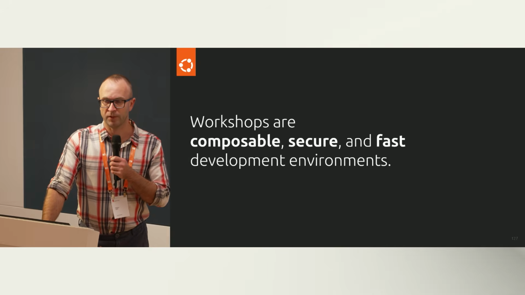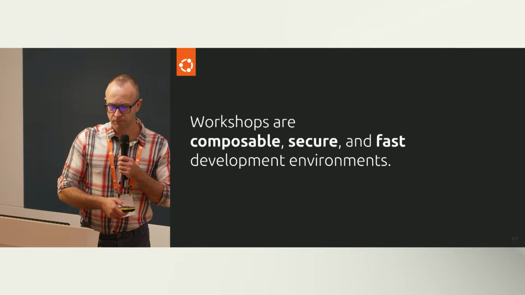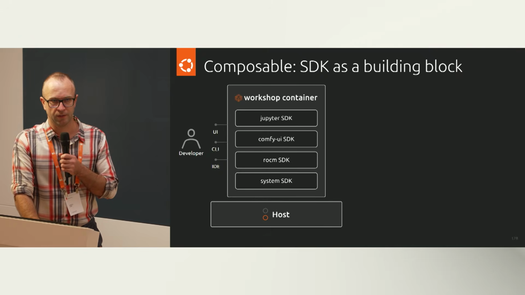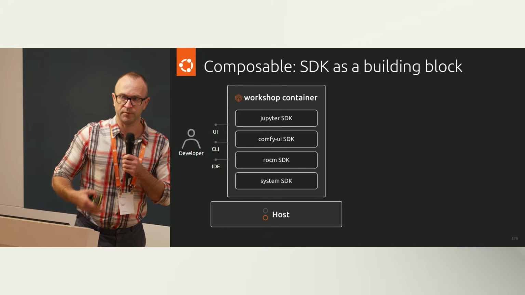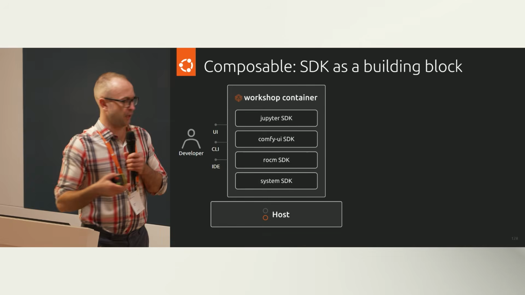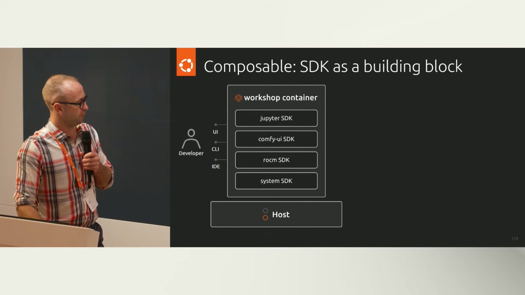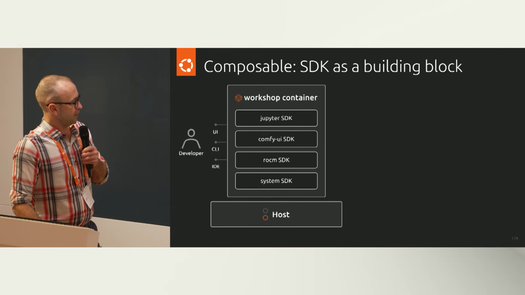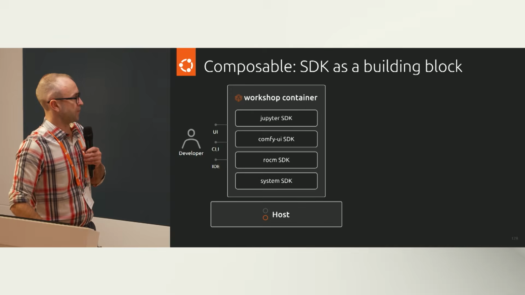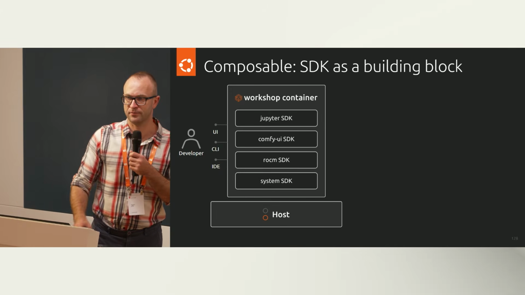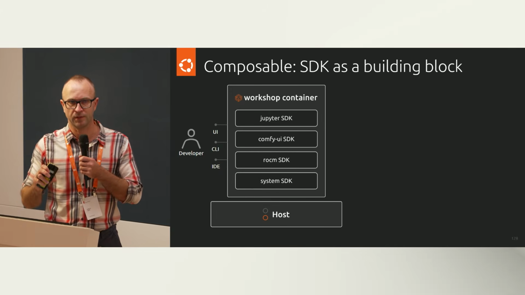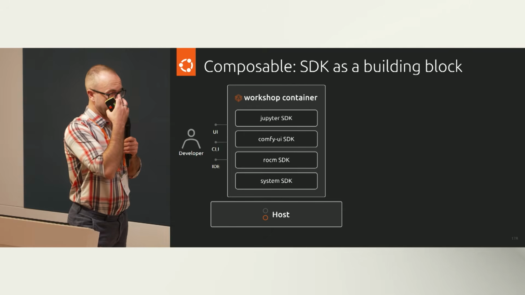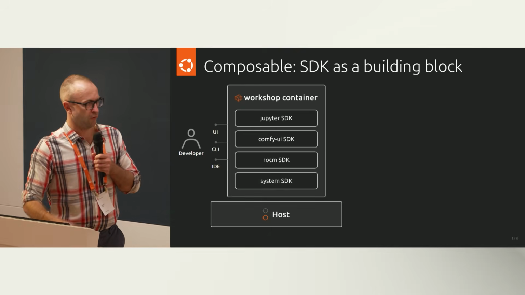So what exactly do we mean by composability? As mentioned, Workshop is an LXD container. So when it runs, we need a means to create this container from the ground up. The Workshop container can be created with something we call SDKs. SDKs are individual components that are responsible for installing a part of the development environment.